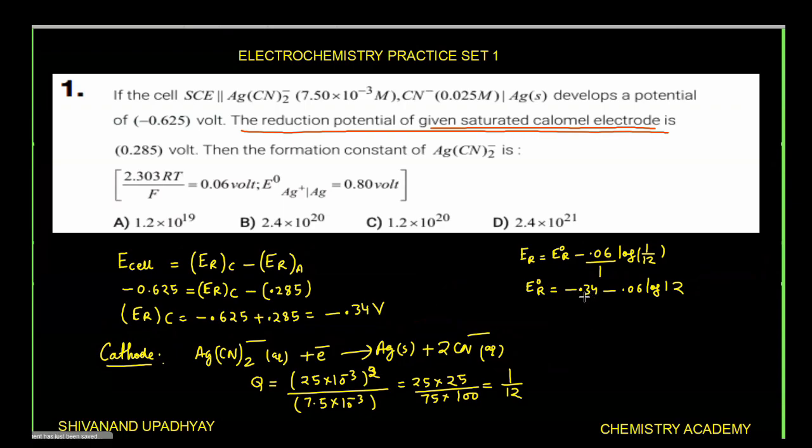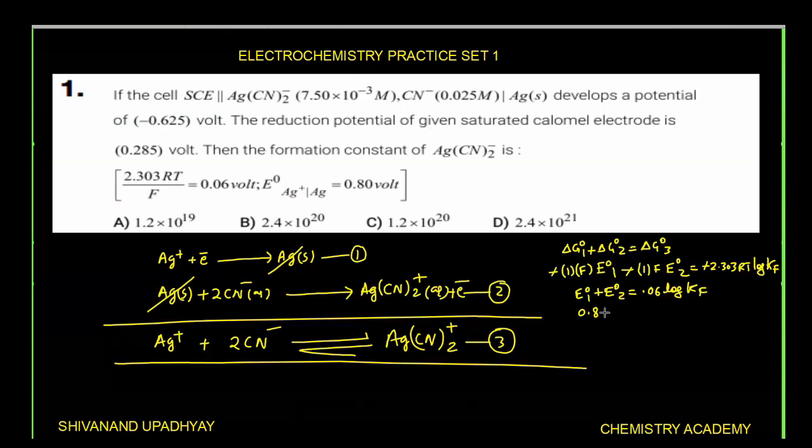So that is 0.8 plus 0.34 plus 0.06 log 12. Writing this value over here, this is equal to 0.06 log K formation. If I take this on the right hand side, this value is equal to 1.14.